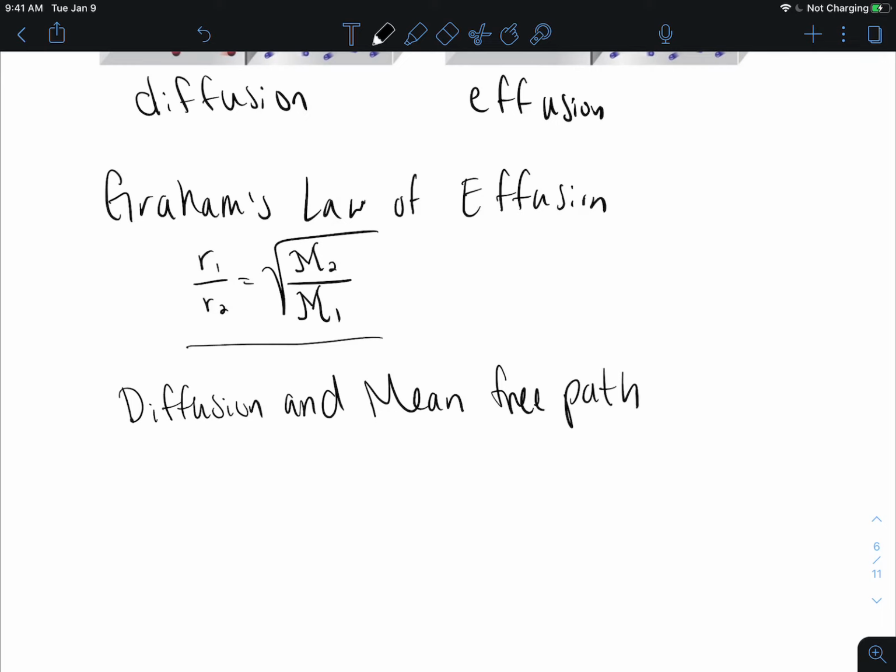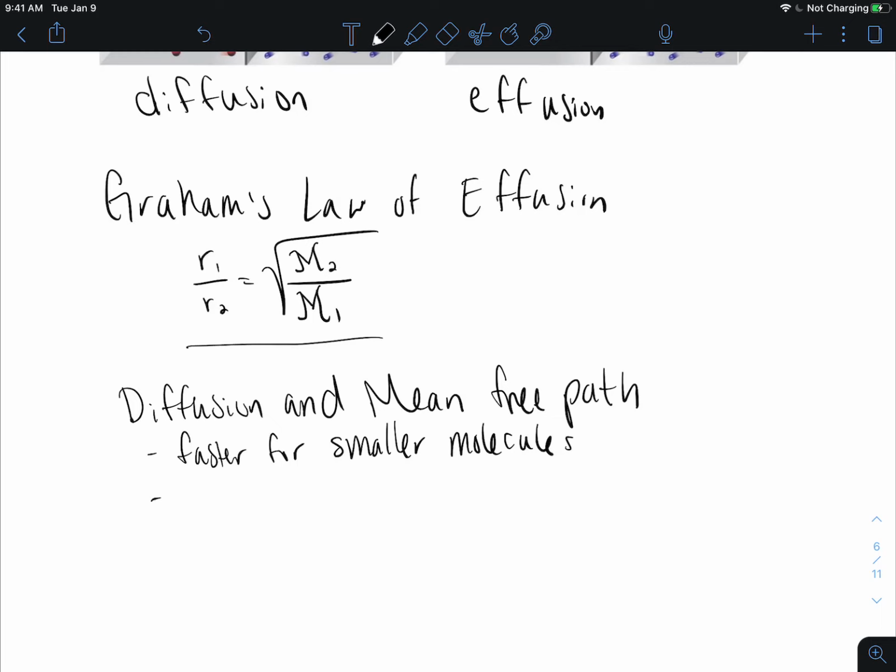Diffusion is obviously going to be a lot faster if our molecules are less massive, because smaller molecules are going to have a higher rate of speed at the same kinetic energy. Now, with effusion, you're just going from one thing into the other, so you can directly relate it to molar mass, and it's real simple.